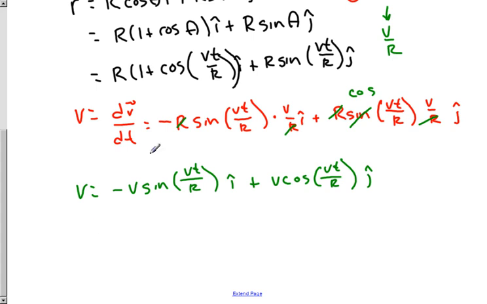So we can simplify this a little more, because v times t over r, that's just omega times t.